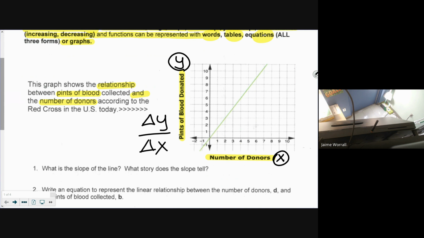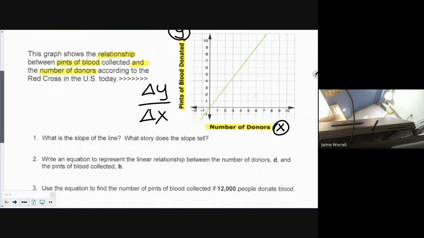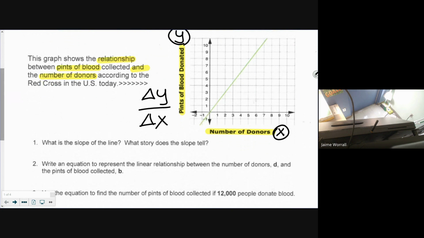All you got, no equations, no words, just a graph. No table. Okay, so your first question is, what's the slope of the line? So since you got a picture, right, you know where your y-intercept is. You know where your x-intercept is. It's the same thing as the origin. Back in the day, we used to call this, I forget the term already.